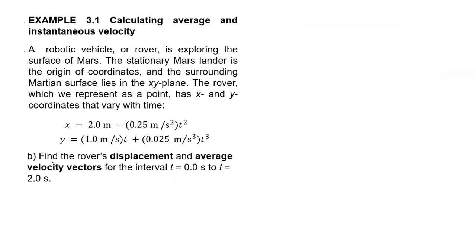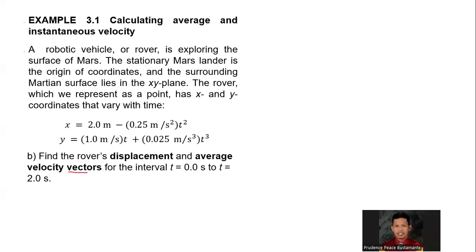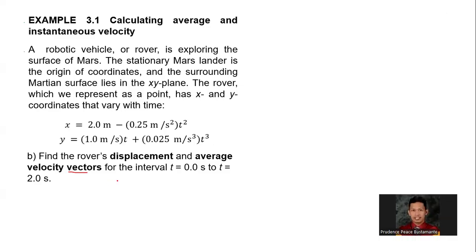For letter B, find the displacement and the average velocity vectors. So we're now talking about vectors. We now want to find vector quantities, so we incorporate our discussion of vectors, for the interval t equal to 0 seconds to t equal to 2.0 seconds.